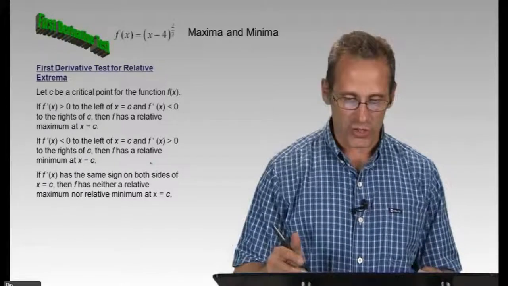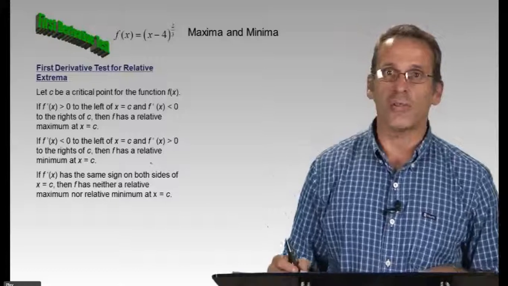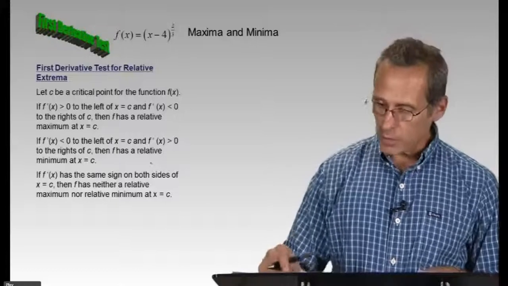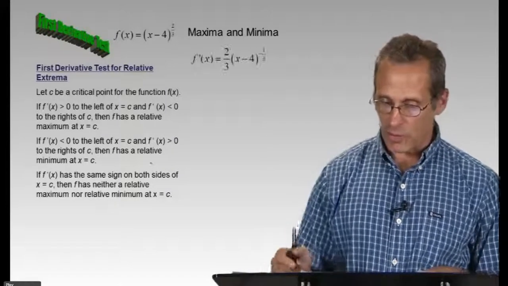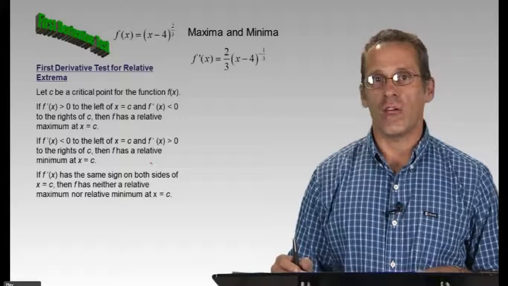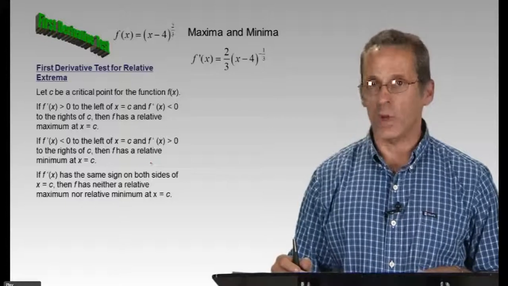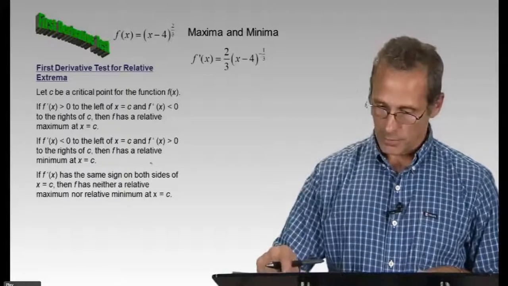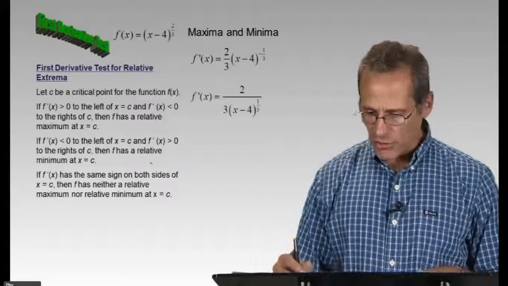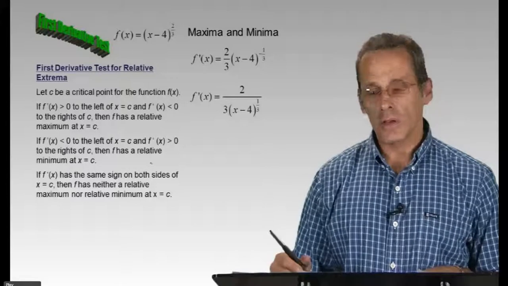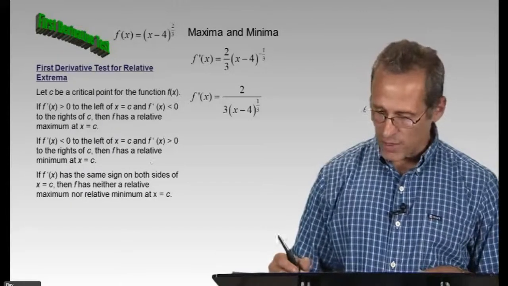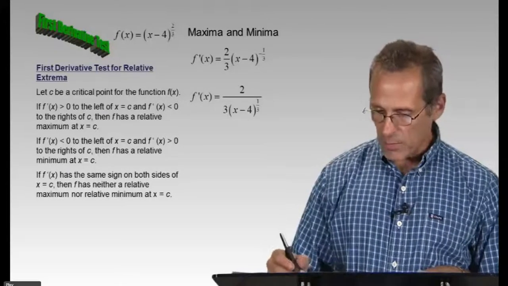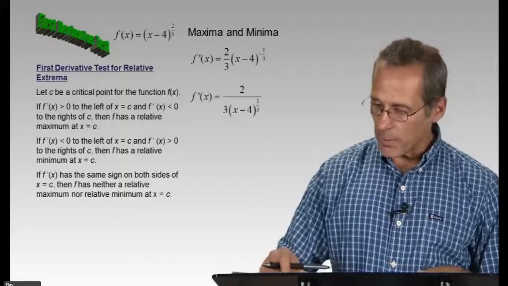Let's choose another function. f of x is equal to (x minus 4) to the 2/3. Let's employ the first derivative test. We differentiate, swing the 2/3 out front, and go to the one less power. We take the derivative and write it with a positive exponent, and we notice that x minus 4 is a factor in the denominator.